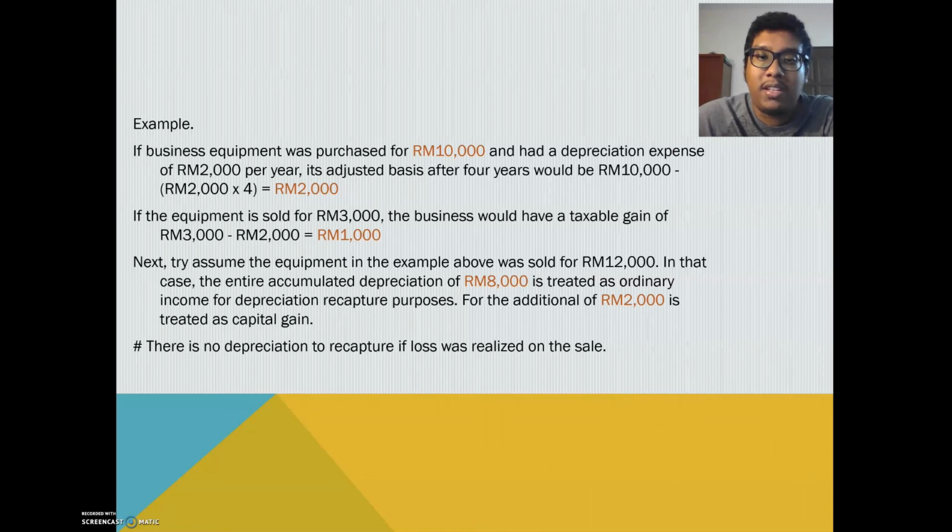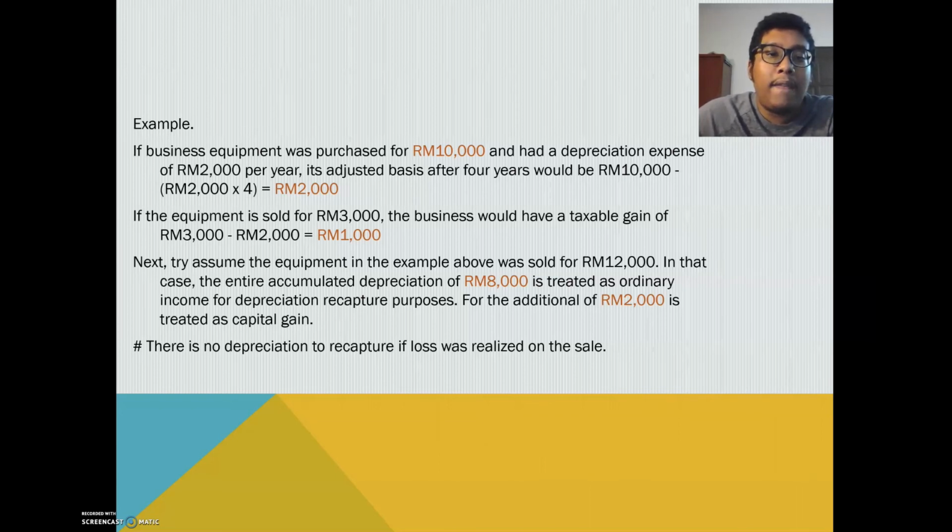So how to find the adjusted basis is like this. After 4 years, as an example, it will be 10,000 ringgit minus 2,000 times 4, where 2,000 is the depreciation and 4 is 4 years. After you subtract it, you will get 2,000 ringgit. This 2,000 ringgit is what you call the adjusted basis.